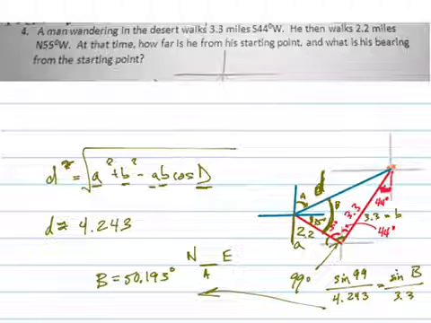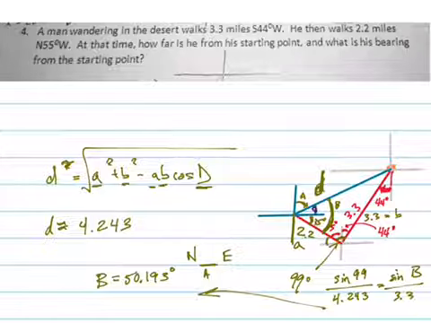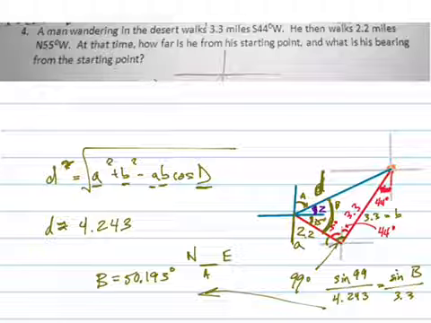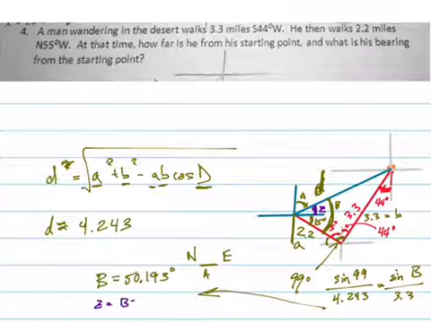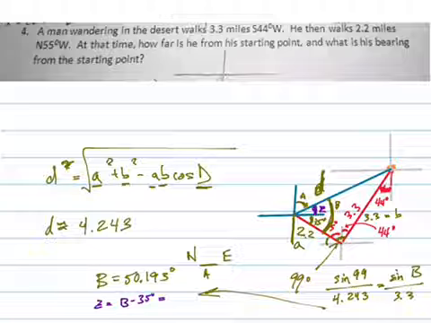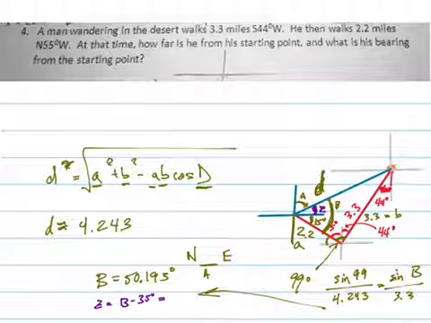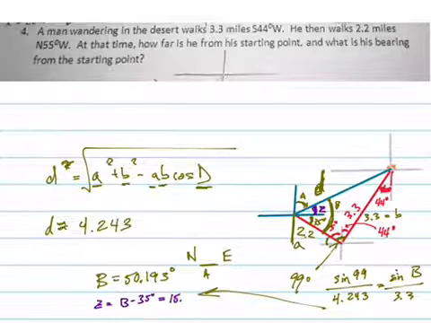And so I subtract 35 from that. We'll call that angle Z. So Z equals B minus 35 degrees. Subtract 35 from that, and you tell me what you get. 15.193.